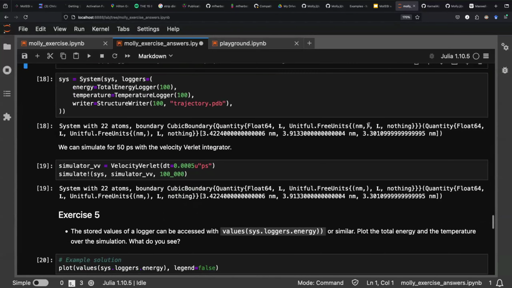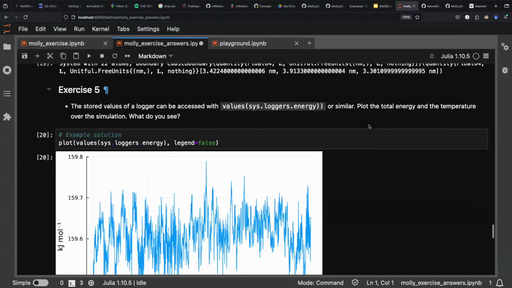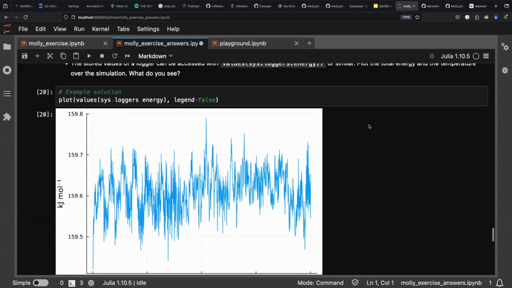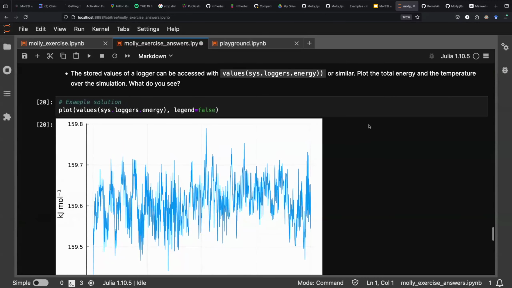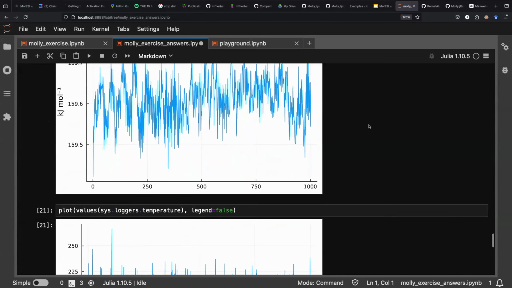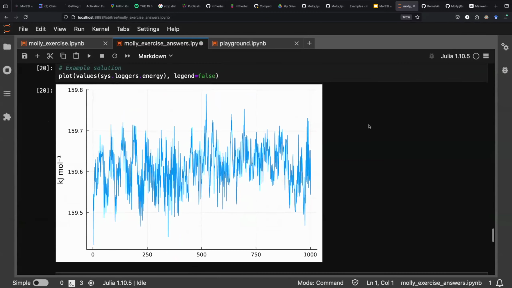So we can plot the energy and temperature. And so when we plot the energy, we see that it's fluctuating around a fairly constant value.